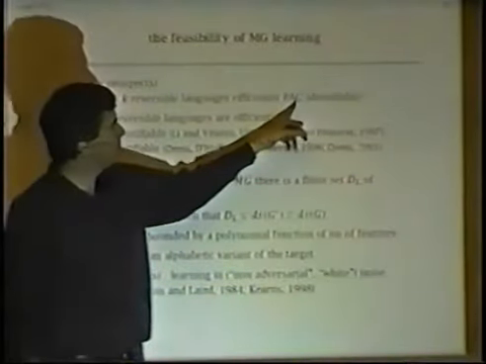As for feasibility, this is a place where we're working now. The path has been explored in a number of other simpler problems. So again, we can try to follow the lead of those. In the case of the k-reversible languages, there have been a number of attempts to show that these languages are PAC identifiable. This is a learning framework introduced by Valiant in the 70s, I think, and it's probably approximately correct.